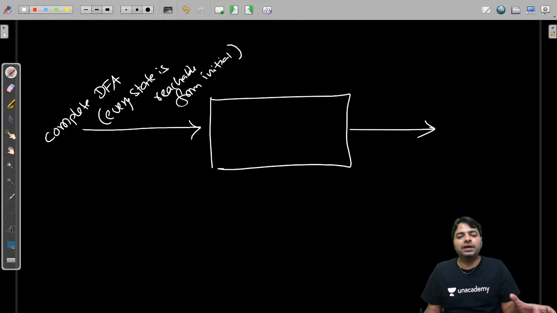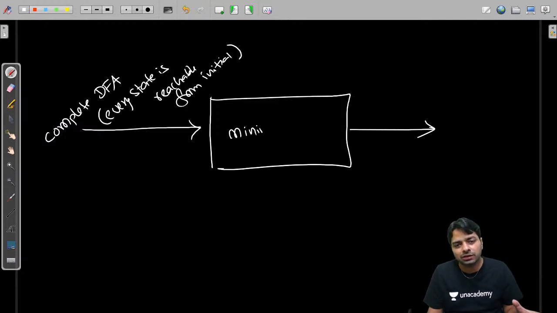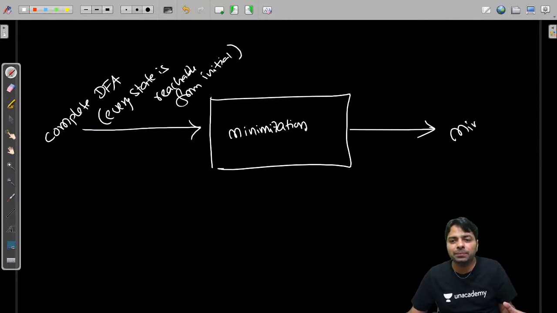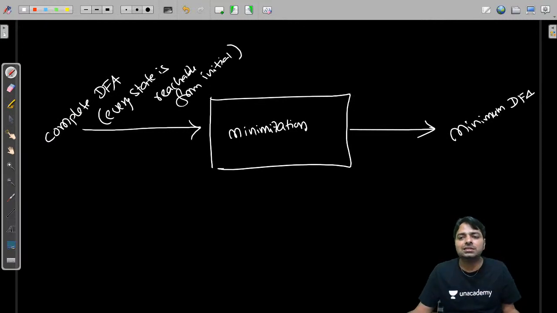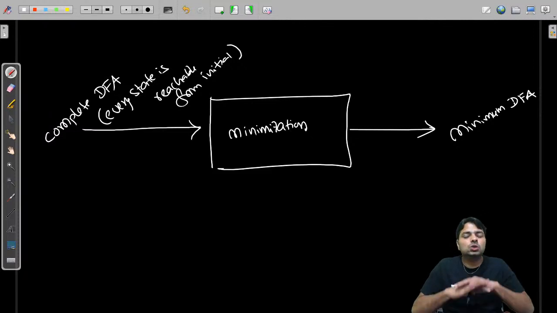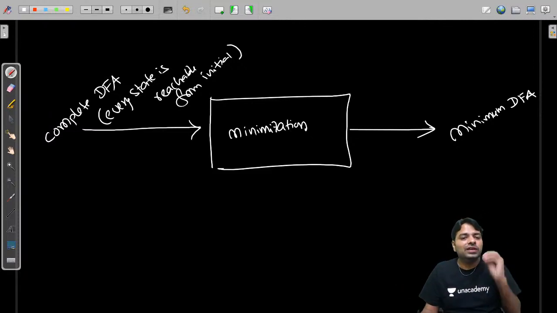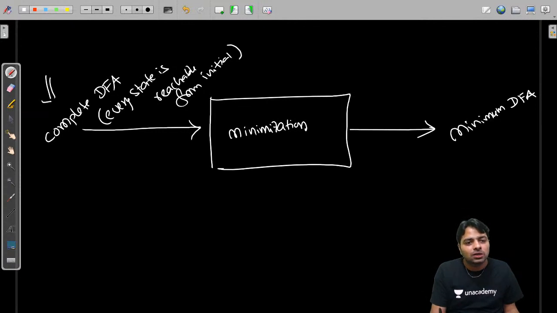Take the DFA and apply minimization so that you will get the minimum DFA. If you keep that useless state, it will be there as it is, so you will not understand what a minimum DFA is. Is that clear? So delete those states which are unreachable. So first make any DFA a complete DFA by deleting all unreachable states from the initial state.